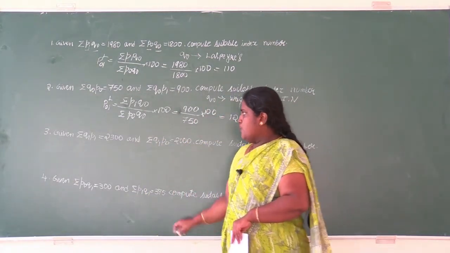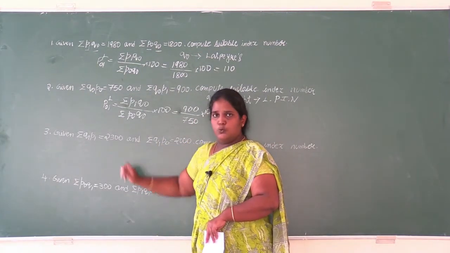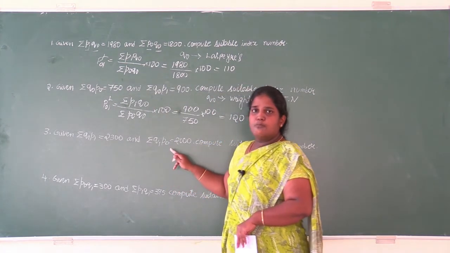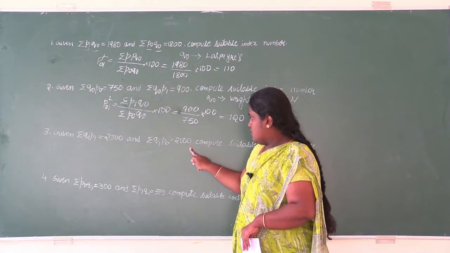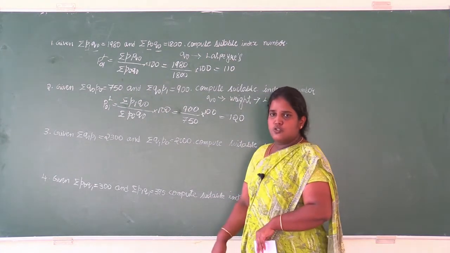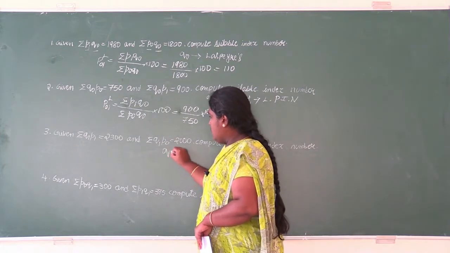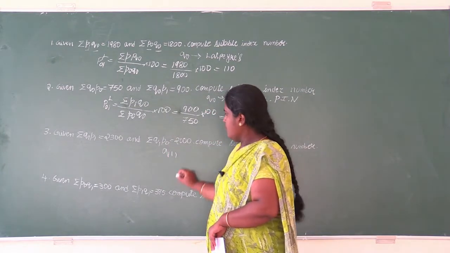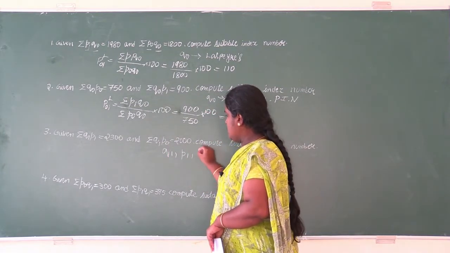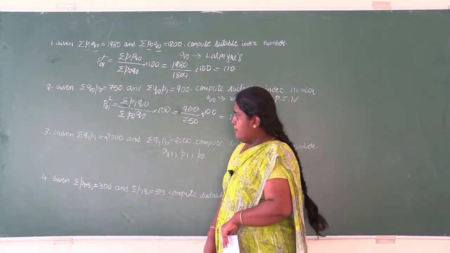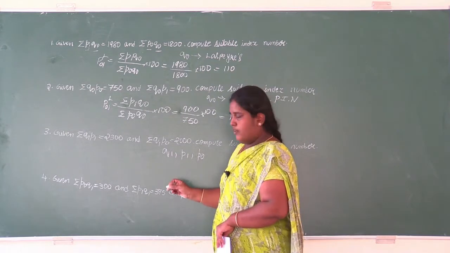The next problem, given sigma Q1 P1 equals 2300 and sigma Q1 P0 equals 2000. Compute suitable index number. In this, what are the elements they have given? Q1, P1, P0. And which is the common element in both the values?